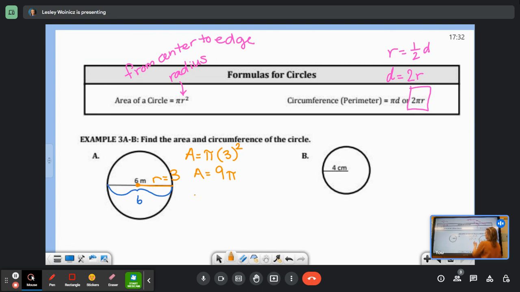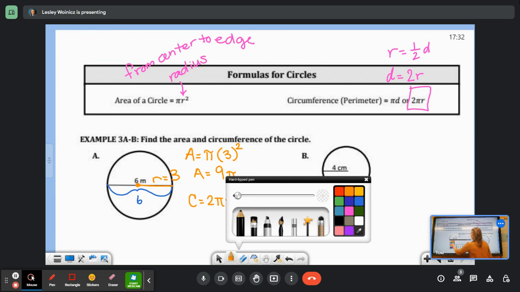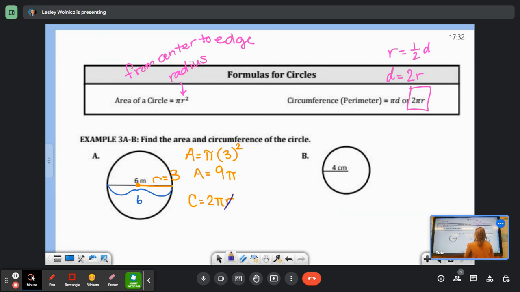Our circumference is 2 pi r, and our r is still 3. So 2 times 3 is 6. So our circumference, whoa, let's go back.